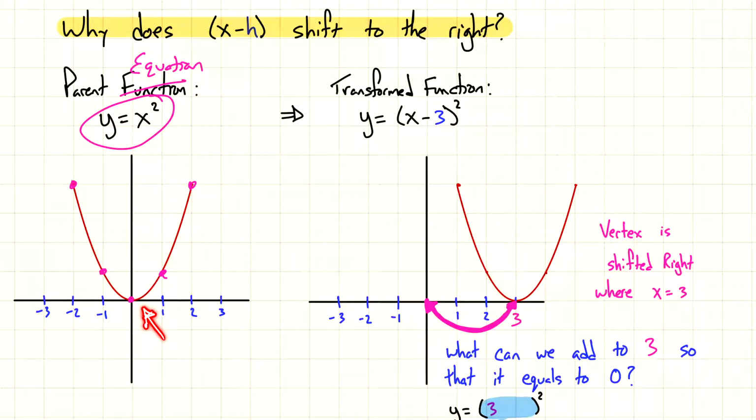Most of these functions are always going to have a point that goes through the origin, starts at the origin, or is somehow related to the origin. That's where everything comes from. So when I want to transform this graph and I change it to (x minus 3) squared, I'll keep the stretch factor the same.